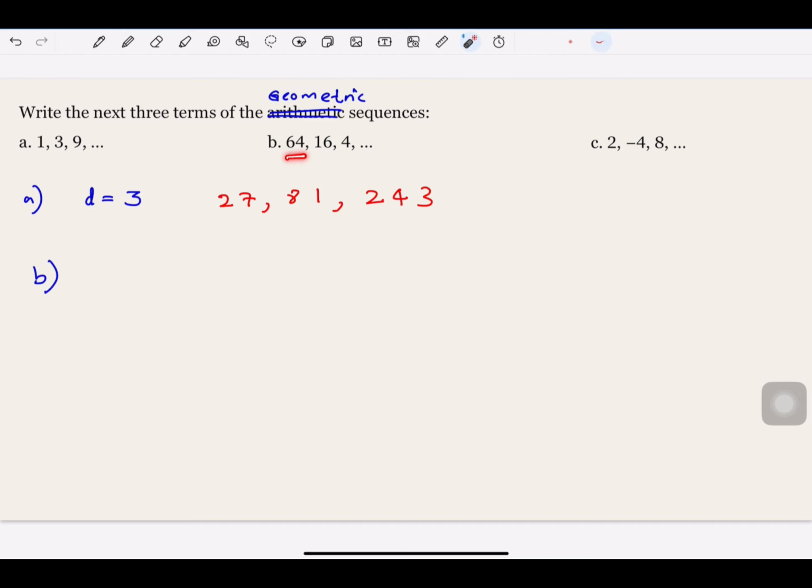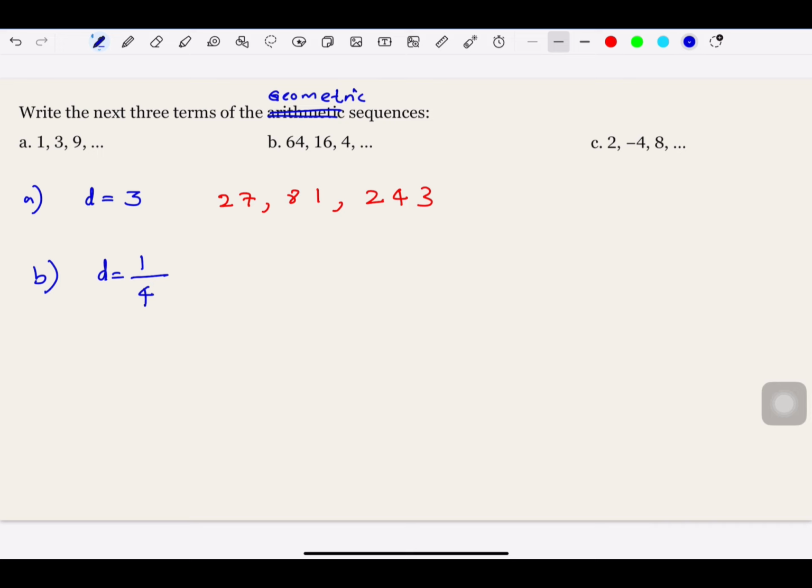Moving on to the next example, B. 64, 16 and 4. What is my common ratio here? If I multiply 64 by 1/4, you'll get 16. If you multiply 16 by 1/4, you'll get 4, which means your common ratio over here is 1/4.